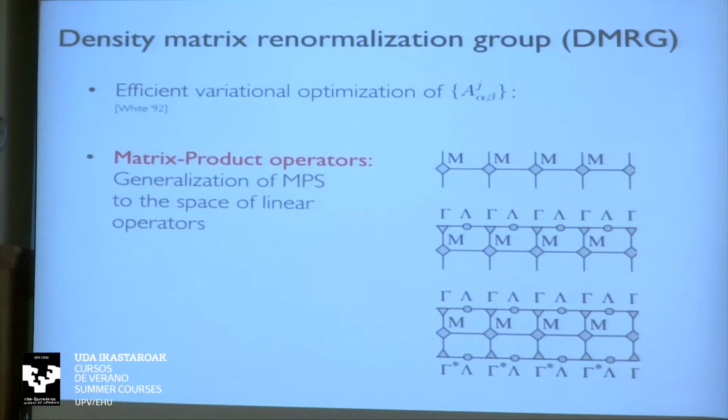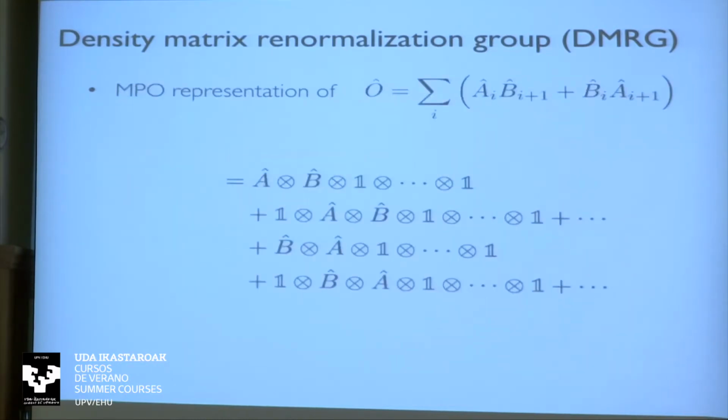Good. And the question is, how can we find these matrix product operators? And I just want to demonstrate it for a concrete model. Let us say that we have some generic operator that is coupling, say, nearest neighbor sites, as the one here, but it could be whatever you like.